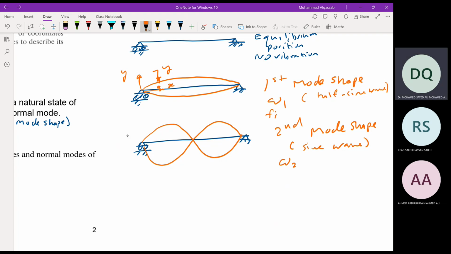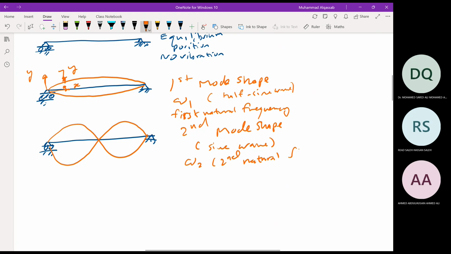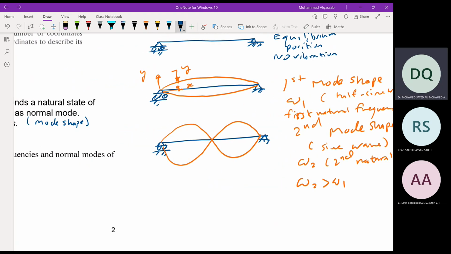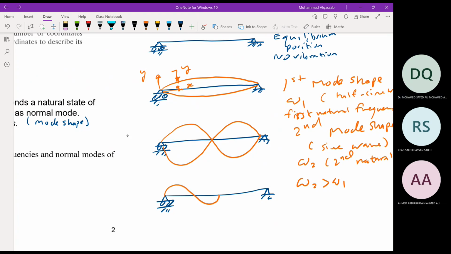This is called first natural frequency. And this is called second natural frequency. And we always have omega 2 greater than omega 1. Omega 1 is the lowest frequency, and so on. So this will complete this. There is no end to this because this is a continuous system. A continuous system has an infinite number of degrees of freedom.